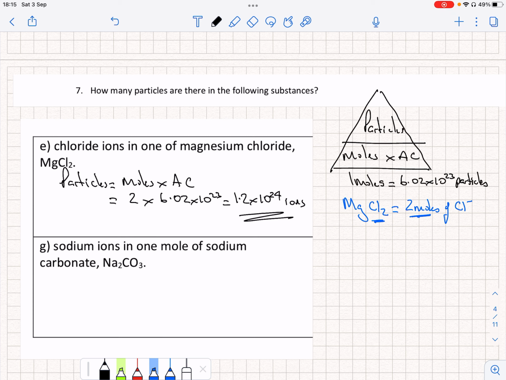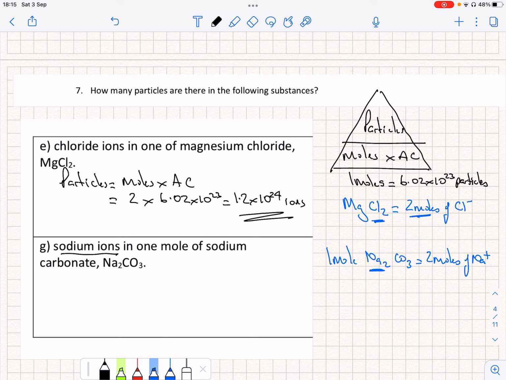This next one here is the same type of question, but we're looking at how many particles there are in, for instance, sodium ions this time in 1 mole of sodium carbonate. So again, what we can see here is that if I have 1 mole of sodium carbonate, Na2CO3, then I've got in there 2 moles of Na plus ions, because in here we've got 2 lots of sodium, so 2 lots of sodium ions.